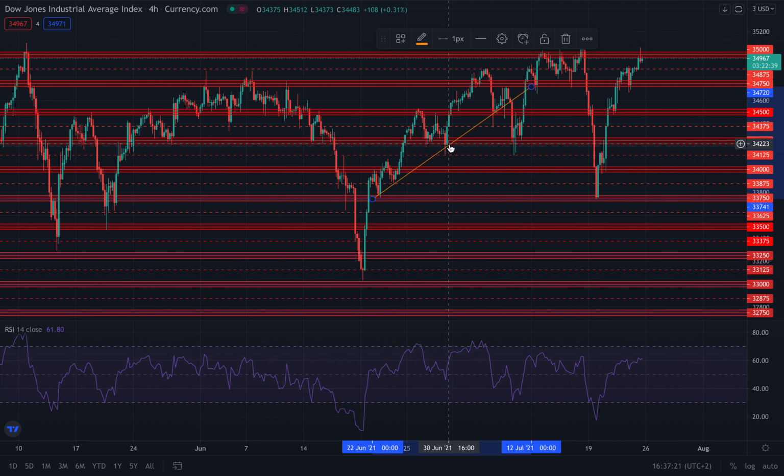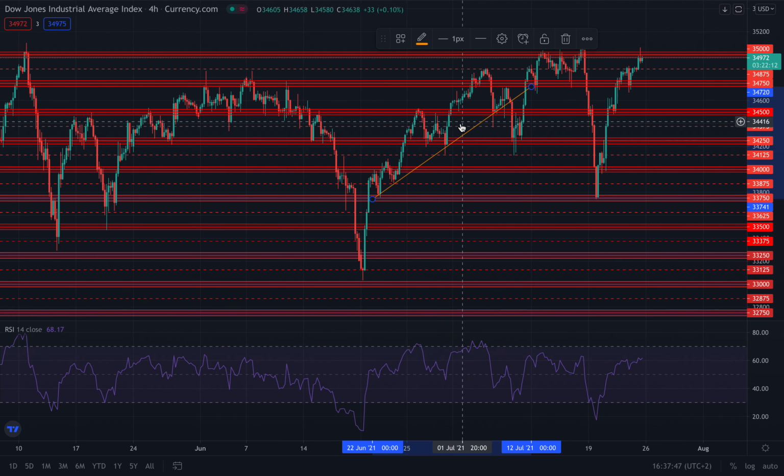So you actually have to combine the trend line together with your support and resistance. So as you can see, it bounced there, then it broke above our resistance there, which now became our support, and then it also bounced there.